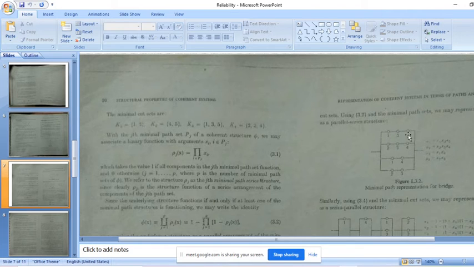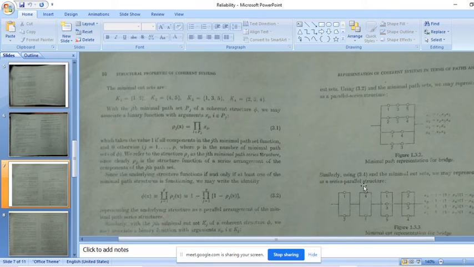These are minimal paths. The entire system can be represented as a parallel connection of minimal paths. Similarly, the entire system can be represented as a series connection of minimal cuts.